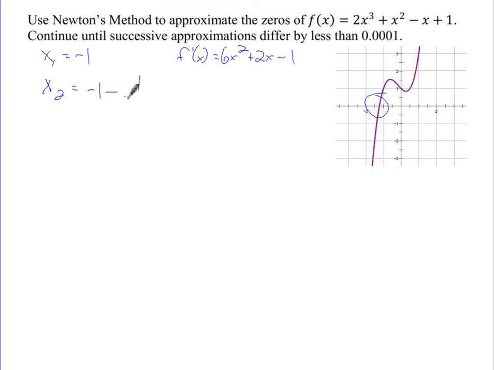So we have -1 minus 1 over what? 3? Okay, I'll buy that. Simplify that down, what do we get? -4/3. Okay. Now, did our successive differences differ by less than 0.0001? No. So we got to keep going. Now what?